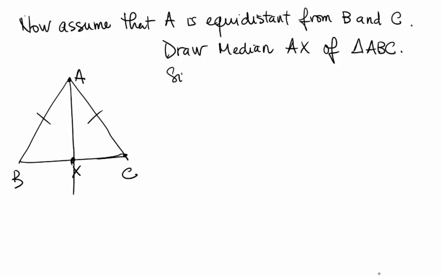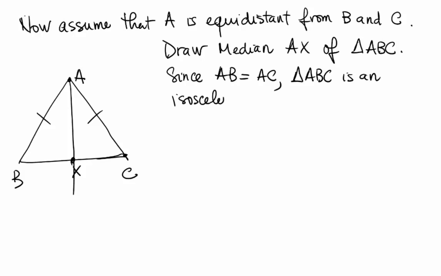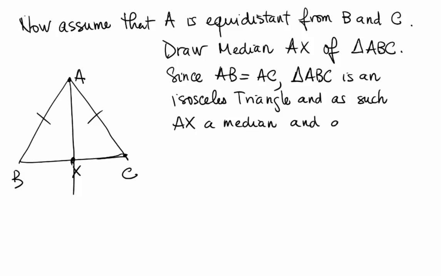And since AB is equal to AC, the triangle ABC is an isosceles triangle, and as such AX is also a median and an altitude as well.